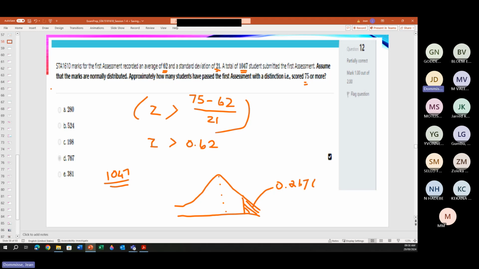So if my whole area is 1047, I want to find out what this area is. So 0.2676 times that should give that to me. And they say it's approximately, if I work that out, 280.